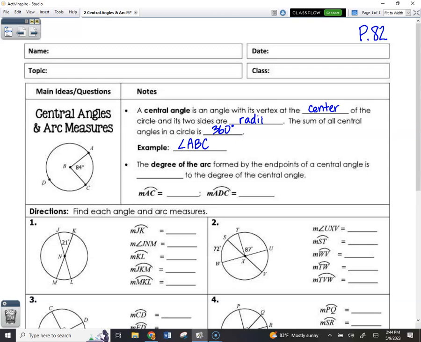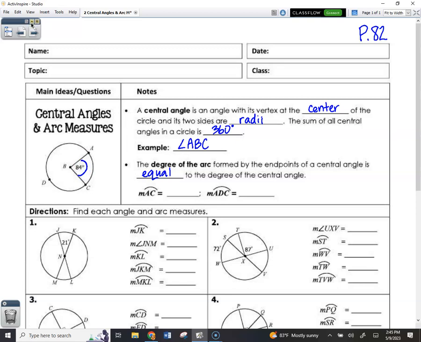Here's the new part. The degree of the arc formed by a central angle's endpoints is equal to the degree of the central angle. So right here, this is 84 degrees from here to here, right?